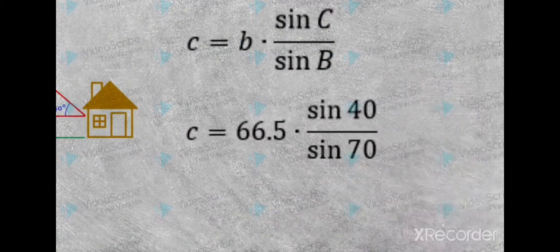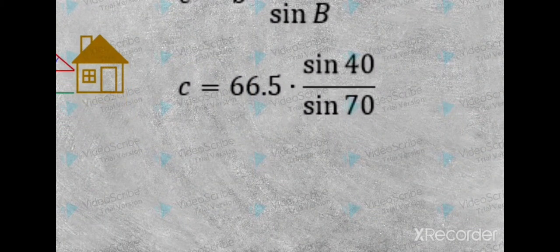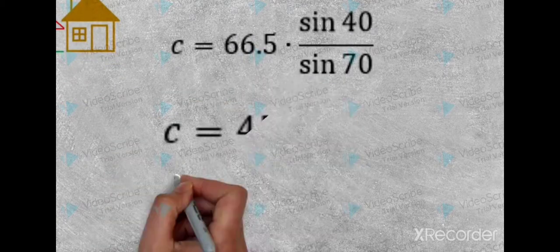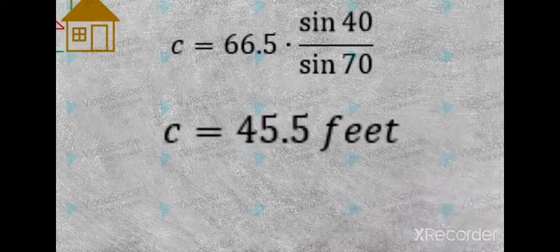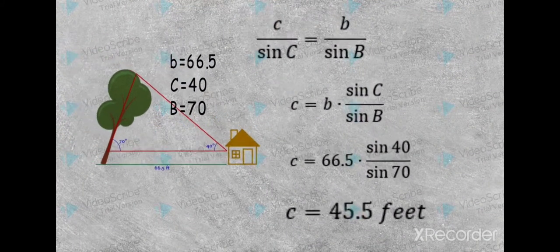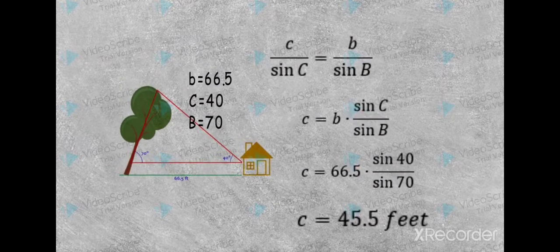By substitution, we get c is equal to 66.5 times sine 40 divided by sine 70. Using our calculator, our final answer is 45.5 feet, which is 21 feet away from the house. So given that, the tree will not hit the house.